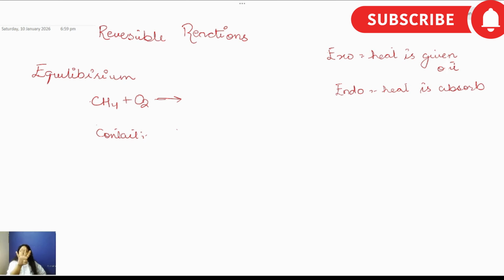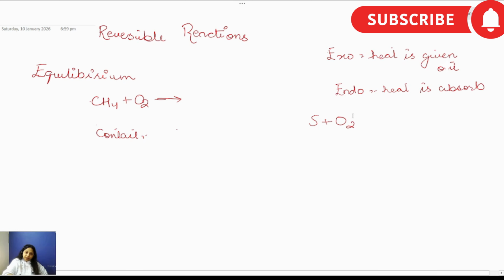What are the reactants that are required? What are the raw materials? That is your number four point. Sulfur and oxygen.